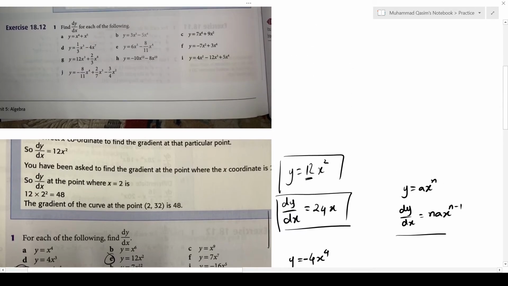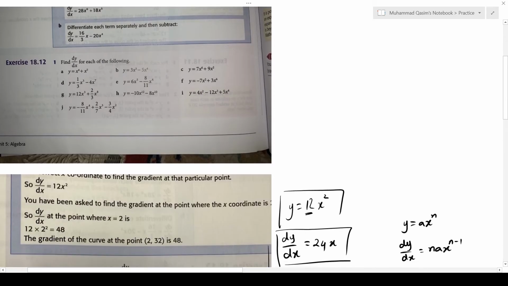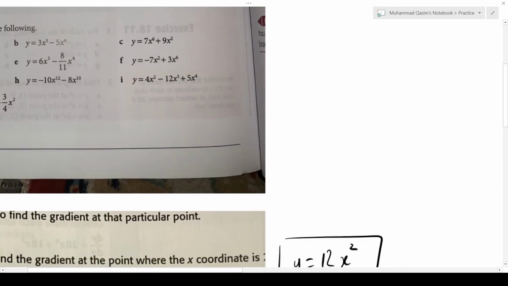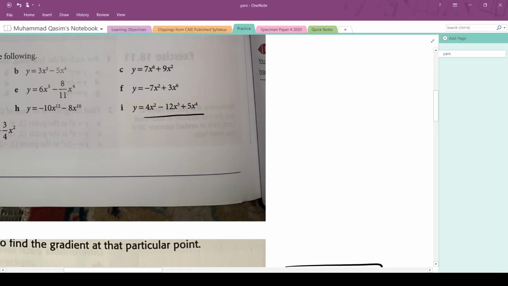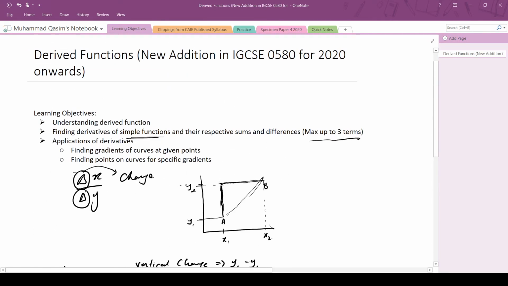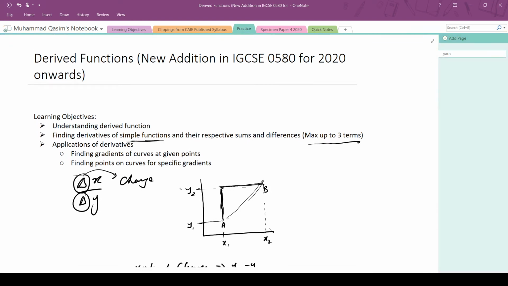Now let's say we have a question of this kind: y equals 4x squared minus 12x cubed plus 5x squared. Now let me take you through this again. Not more than 3 of these, the thing which I wrote down here, maximum up to 3 terms.